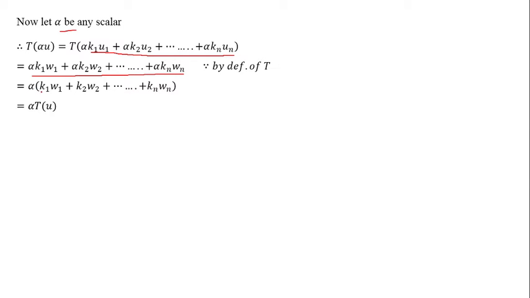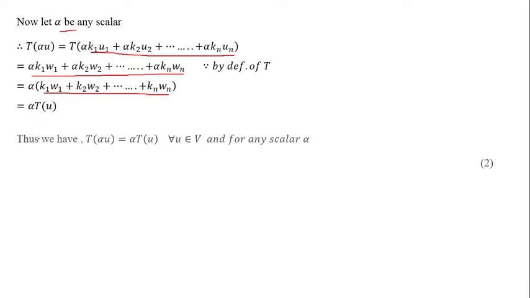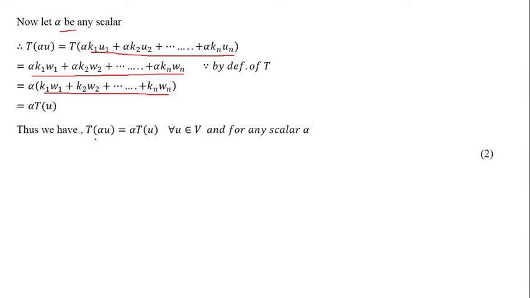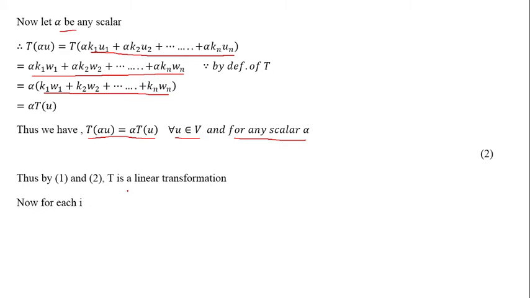Now take alpha outside, k1 w1 plus etc. kn wn, and this is nothing but your T of u, and thus we have T of alpha u is alpha times T of u for every u belonging to V and for any scalar alpha, and thus by 1 and 2 we conclude that T is a linear transformation.